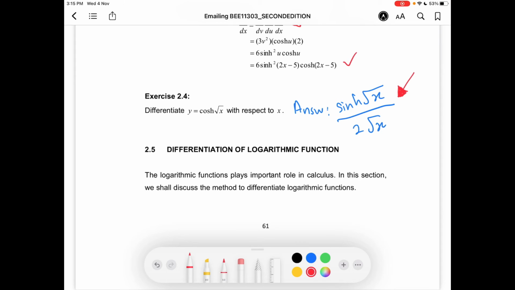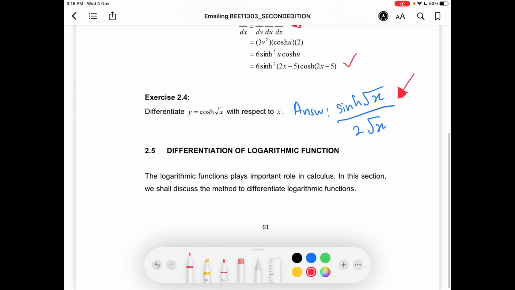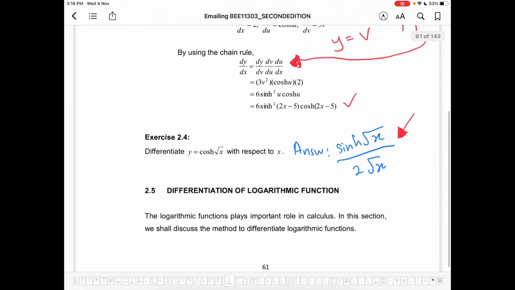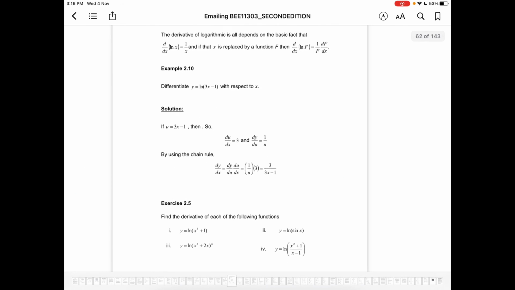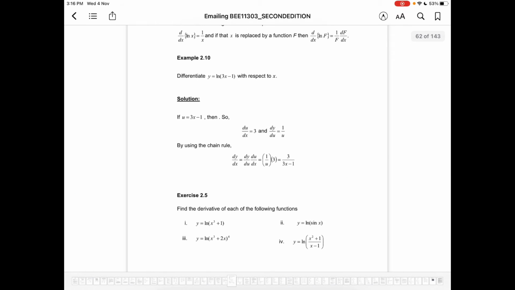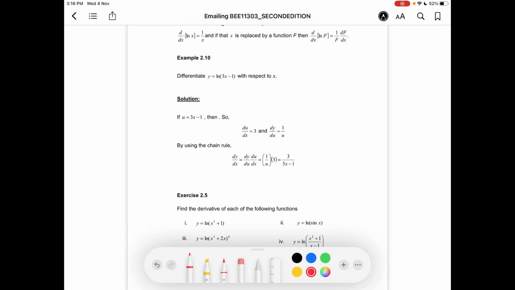And now let's go to differentiation of logarithmic functions. This is quite simple. Just now I already showed you the integration of 1 over x. If you can recall, the integration of 1 over x equals ln x.